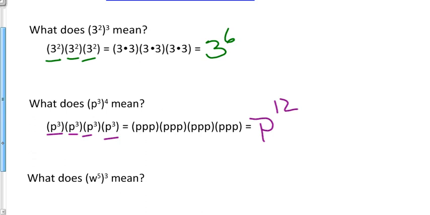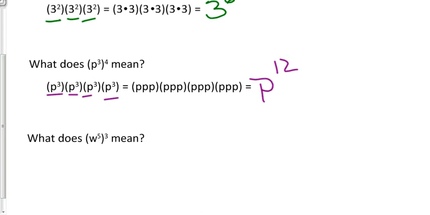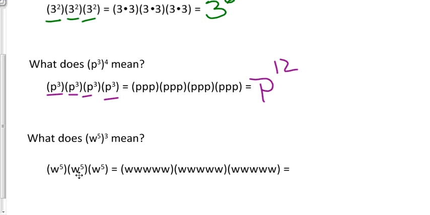So it's p to the 12th. W to the 5th, that quantity, raised to the 3rd power. Again, what does this mean? It means I'm using w to the 5th as a factor 3 times. So there are 5 w's in each of these parentheses, which means, simplified, it's just w to the 15th.